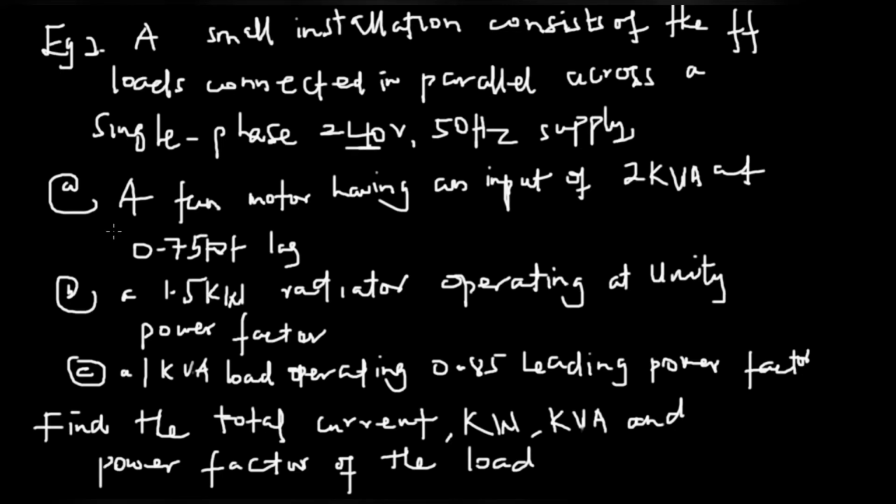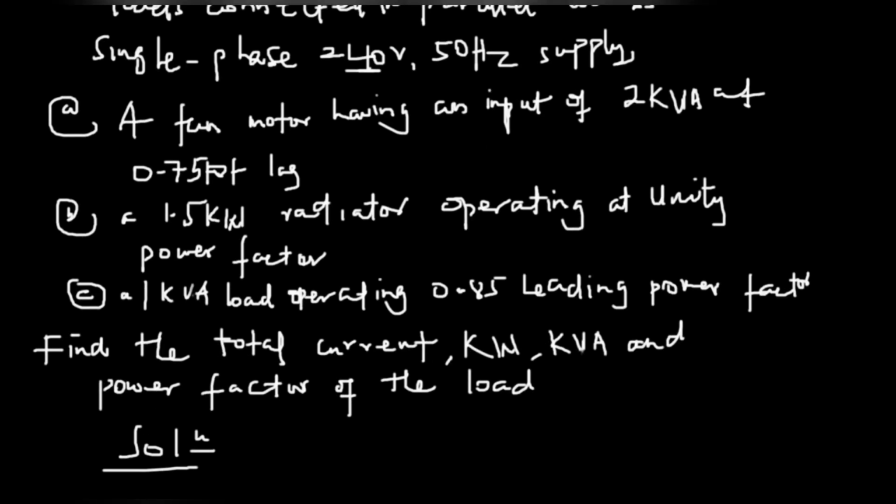We've been given a fan motor having an input of 2 kVA at 0.75 power factor lagging, a 1.5 kilowatt radiator operating at unity power factor, and a 1 kVA load operating at 0.85 leading. Take note of these points: leading, lagging. They are very, very important.